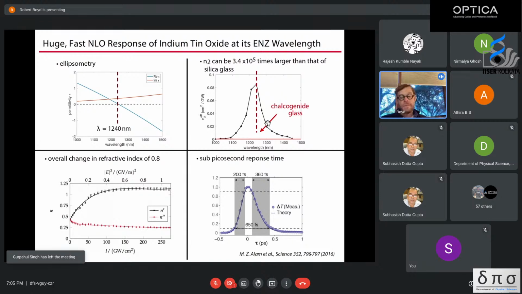I also show here, this red line is the N2 value for chalcogenide glass. This was previously thought to be the most nonlinear material available, and it doesn't even show up on the same scale. The overall change in refractive index of indium tin oxide is as large as 0.8.